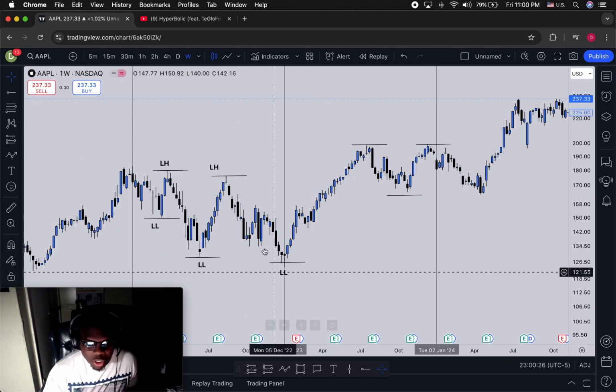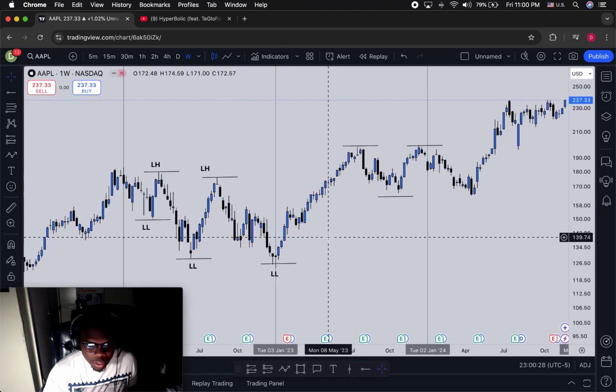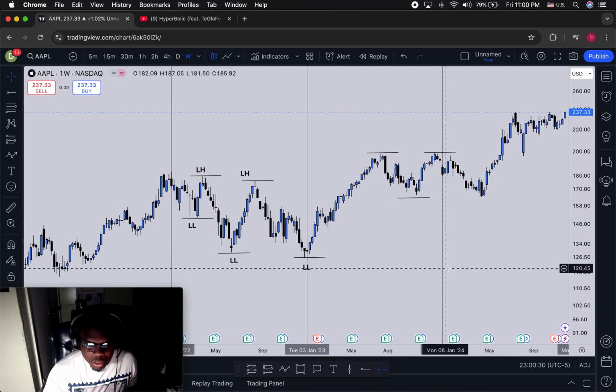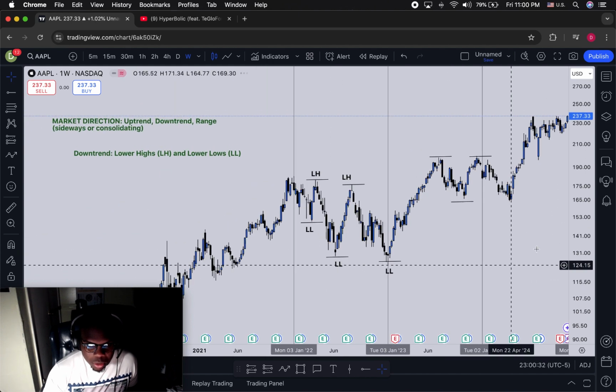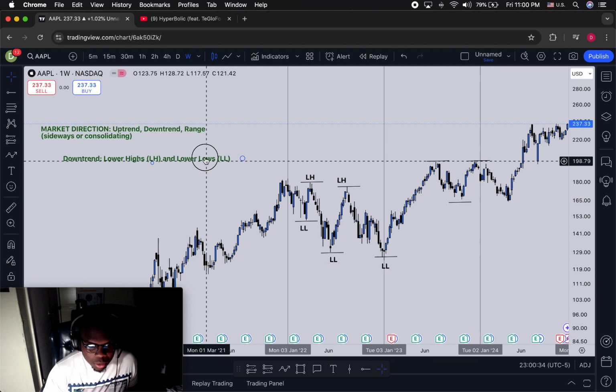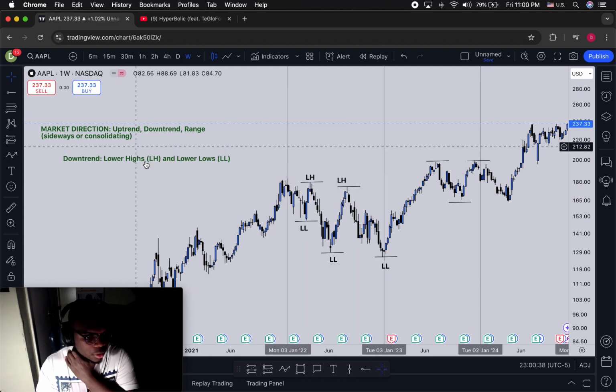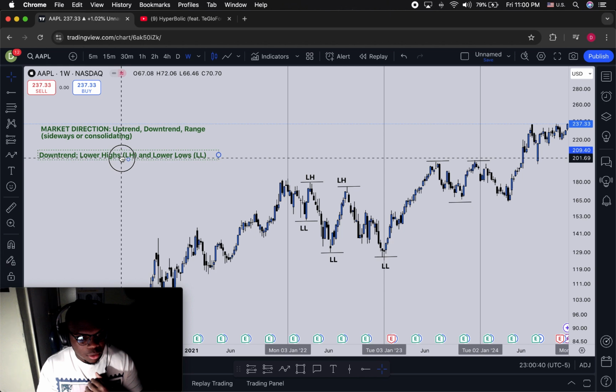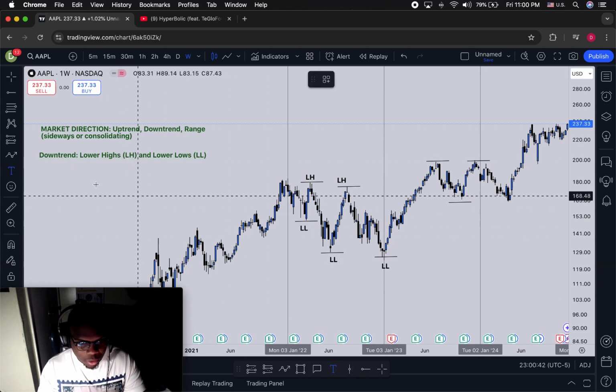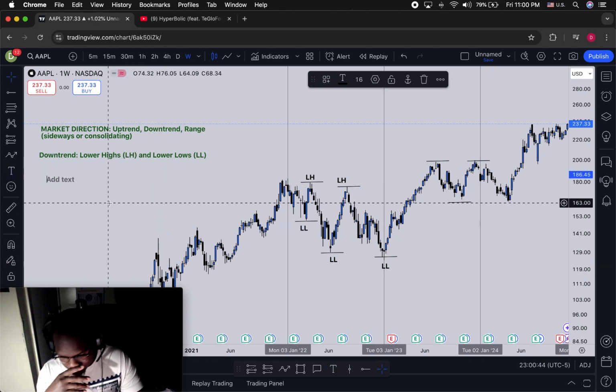Now this is where we turn into an uptrend. It's called a change. There's two terms for this. Downtrend, uptrend, sideways, and then I'm going to type here: break of structure.